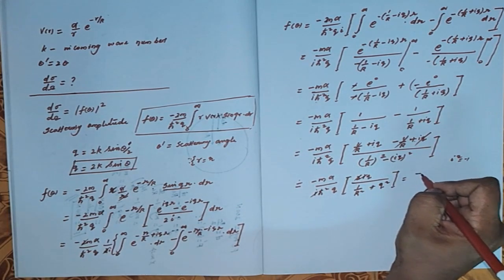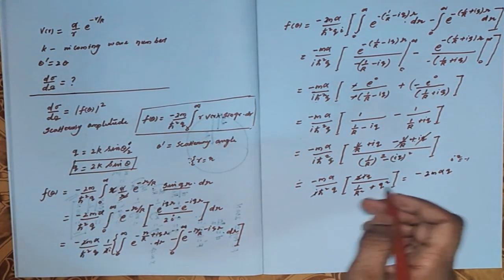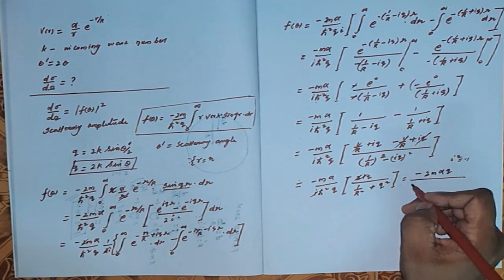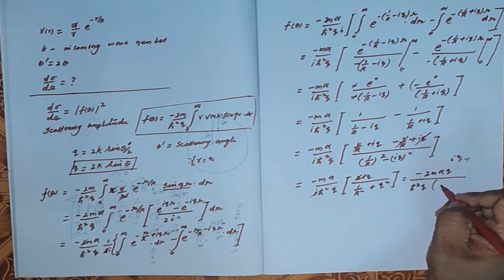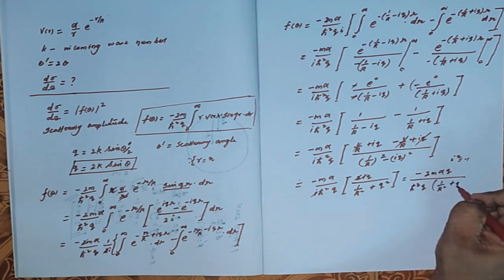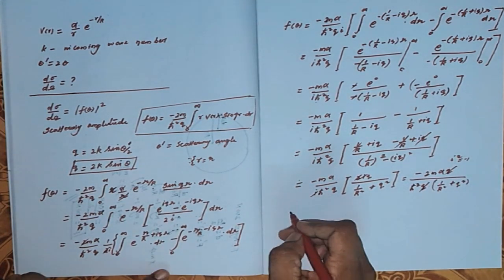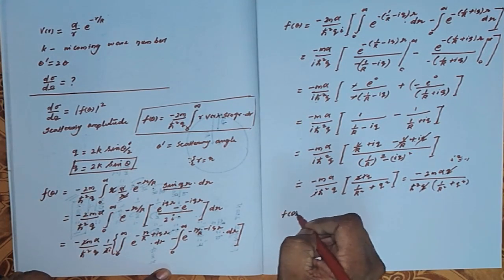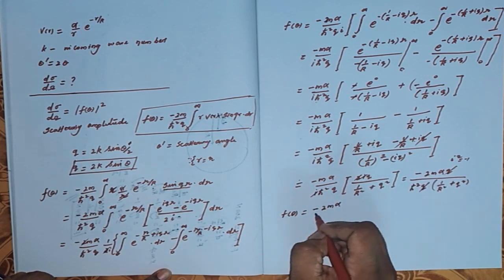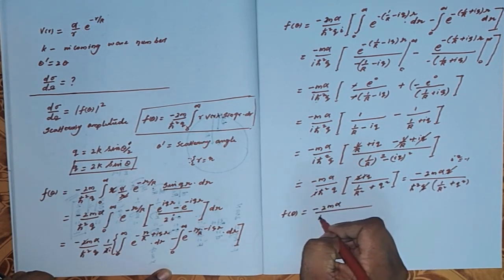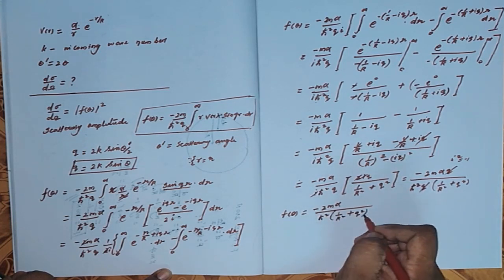So the final answer would be minus 2m alpha q divided by h cut square q (1/r square plus q square). You can cancel this q with this q. So the scattering amplitude f of theta is equal to minus 2m alpha divided by h cut square (1/r square plus q square).